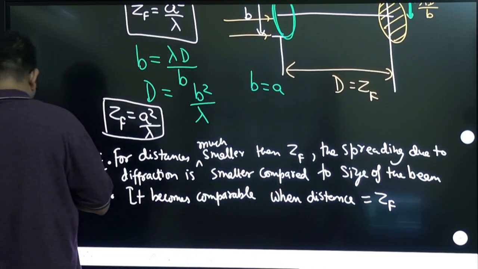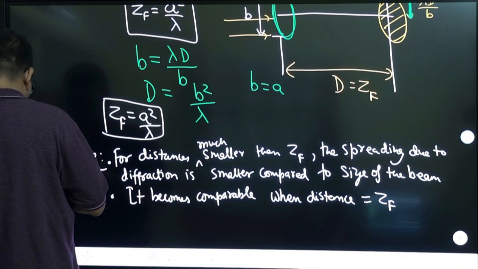And what happens for distance greater than the Fresnel distance?